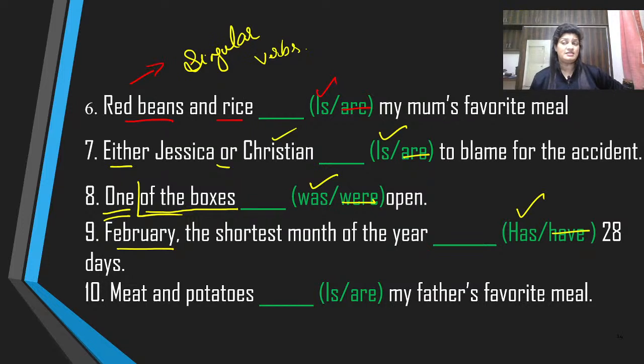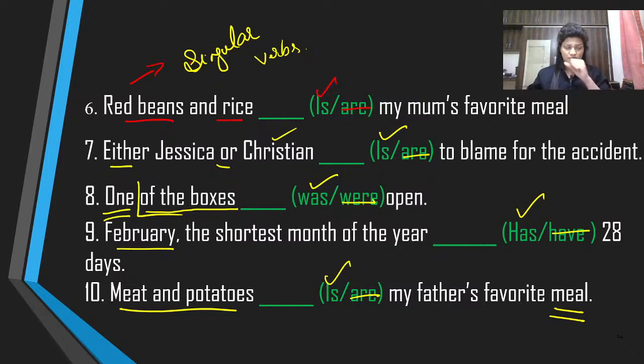Guys, careful. Focus on meal. Sonu, meal. It's one meal, meat and potatoes. We are not referring to this as two different entities. We are considering this as a singular entity. That is why it is and not are.